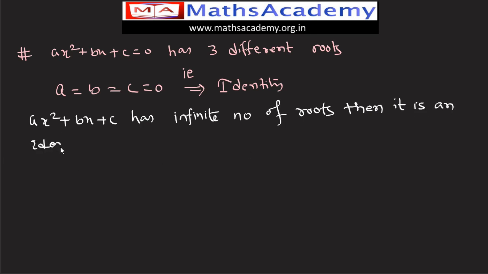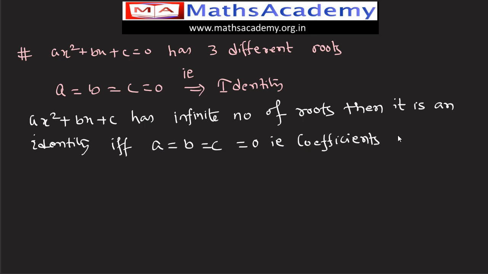And when it happens, then it is an identity. So when will it become the identity? If and only if a is equal to b is equal to c is equal to 0. That means the coefficients are 0. When all the coefficients are 0, then we say that it is an identity.